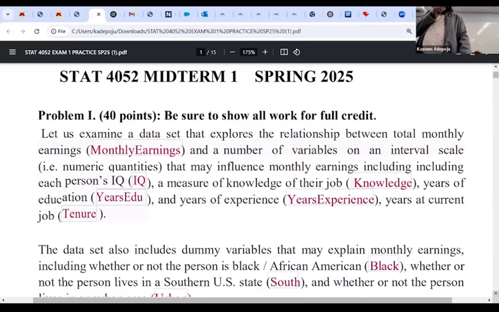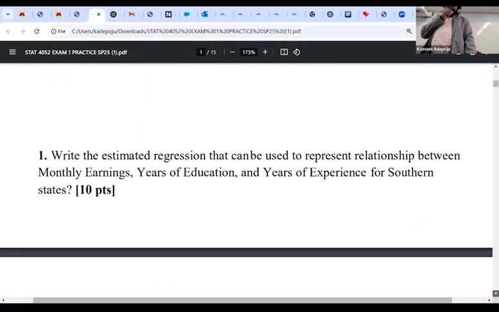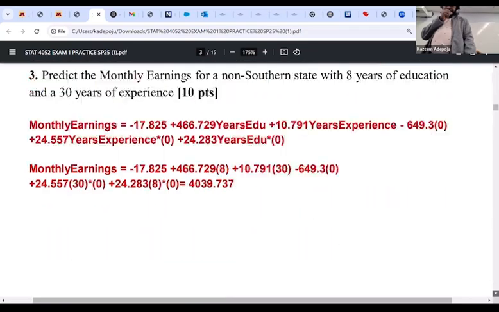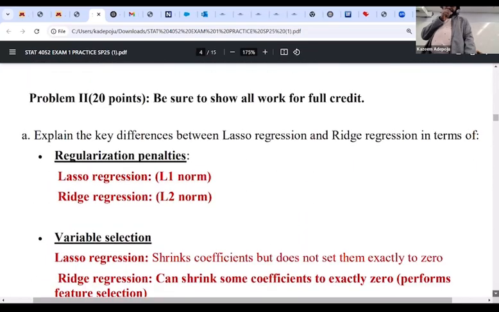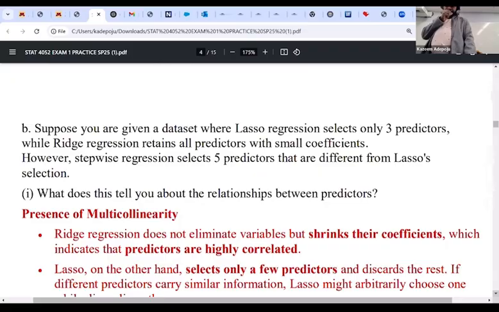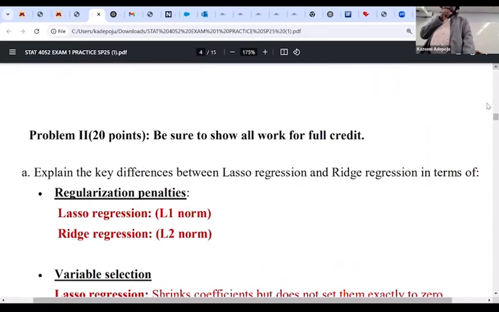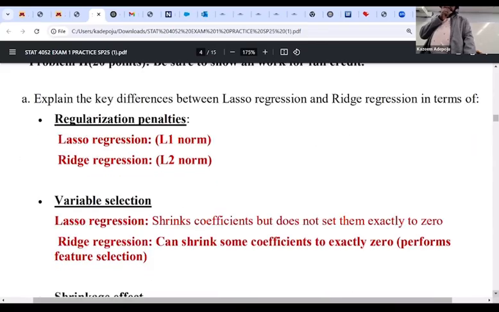Okay, and not only that, that's why I put in the practice question. If you take a look at this, if I'm talking about the ridge and the lasso regression, can you explain lasso regression?